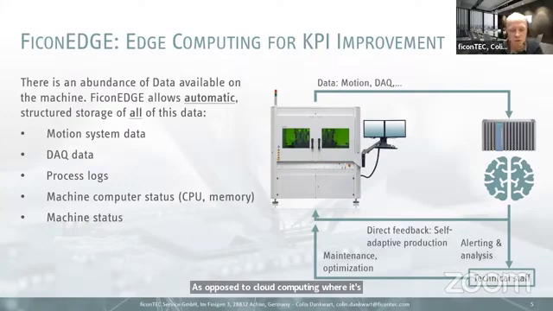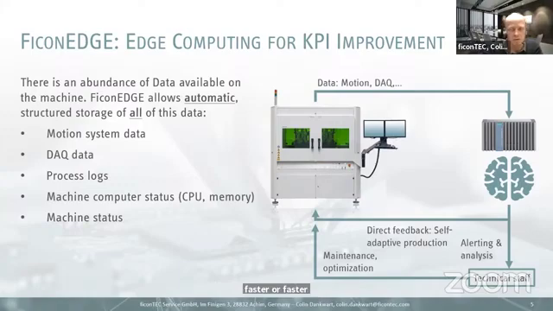So there's generally two paths with which you can use a model output in order to improve machine performance. The first one that we termed self-adaptive production is where we feed the model output directly back into the programming of the machine in order to make the machine faster, or improve performance in general.